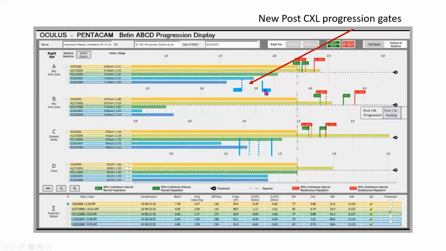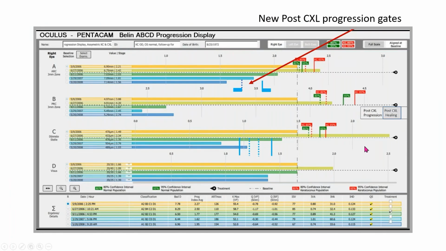The difference is when we did our noise measurements in a post-cross-linking group, and this was epithelium off, the noise measurements were so unstable prior to 1 year post-op that we couldn't really develop noise measurements that were clinically useful until you were at least one year out. So these blue gates will not appear until you have at least a 1 year post-op exam.